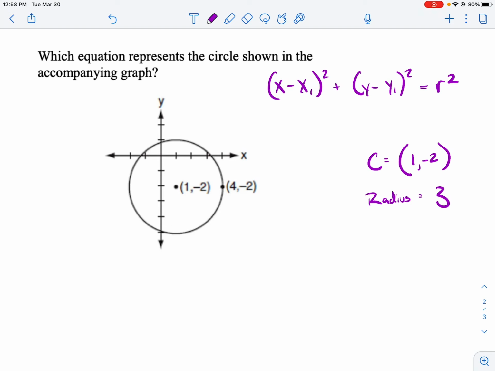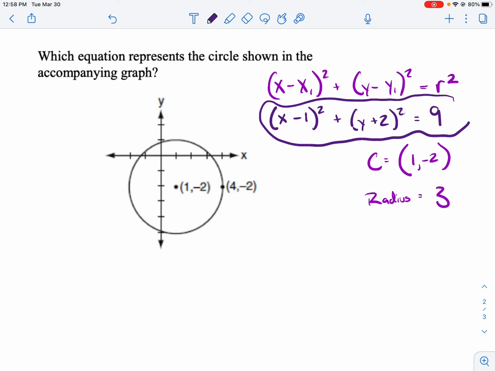So all we have to do is plug all that stuff in. It's going to be x minus 1 squared plus y plus 2 squared is equal to 9. And that is the equation of that circle.